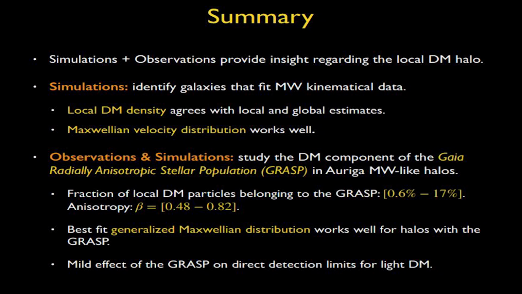Best fit generalized Maxwellian works well if you want to be really precise about these halos which have this GRASP. So this does change what we can take as the functional form if you want to find the functional form with some parameters. But all of this produces a mild effect on direct detection limits for light dark matter.